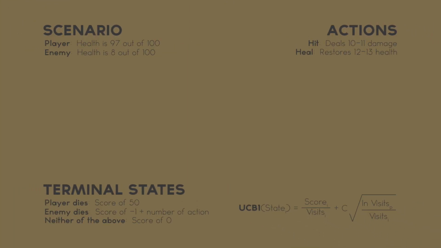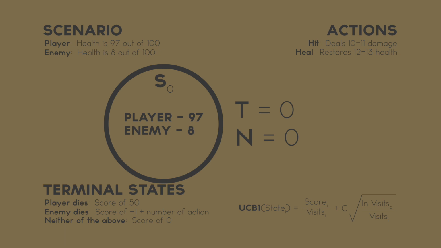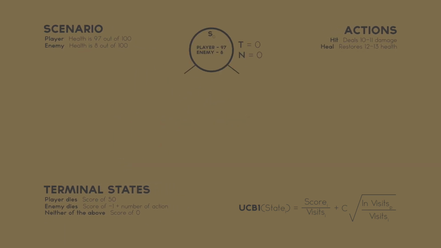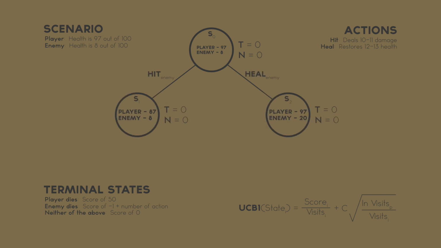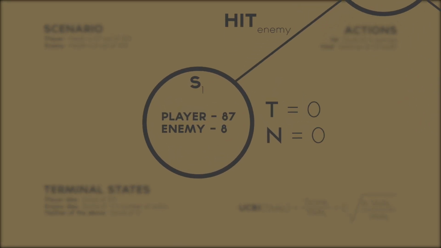Now, let's perform the algorithm with a second attempt. The algorithm takes the initial state of the player health being 97 and the enemy health being 8. We first generate the direct children for the state with the provided actions. State S1 has the player health of 87 and the enemy health of 8 due to being the hit action.